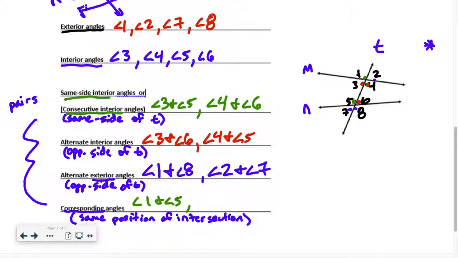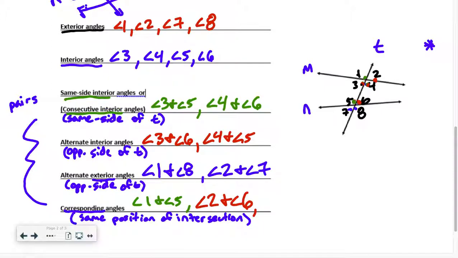Let's go to red. If I look at the top right of my intersection of M and T, that would correspond to the top right of my intersection of N and T. So angle 2 corresponds to angle 6.